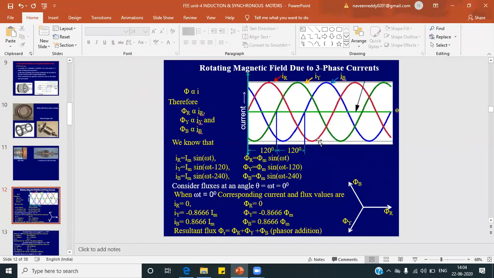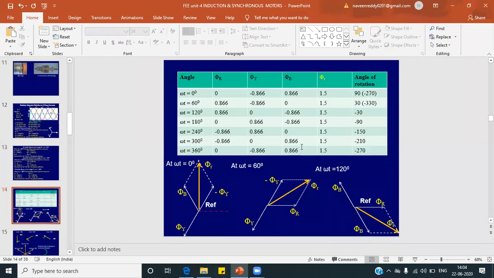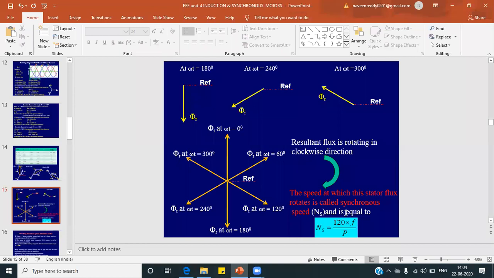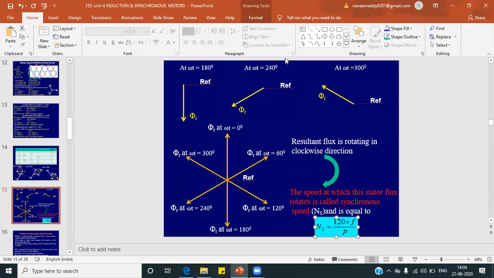Then we discussed the rotating magnetic field and how it rotates. Ns is the synchronous speed, that is the stator field speed, 120 f by p, where f is the stator supply frequency. Here we said the induction machine is singly excited, whereas the DC motor is doubly excited. Why?